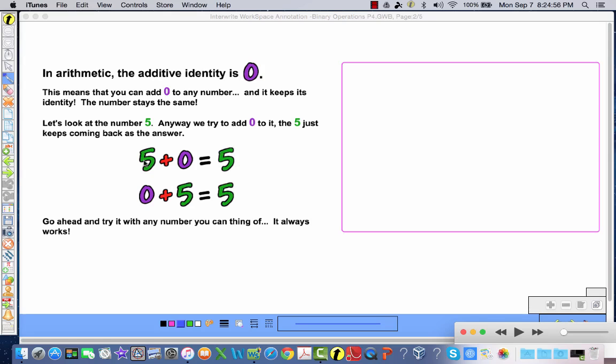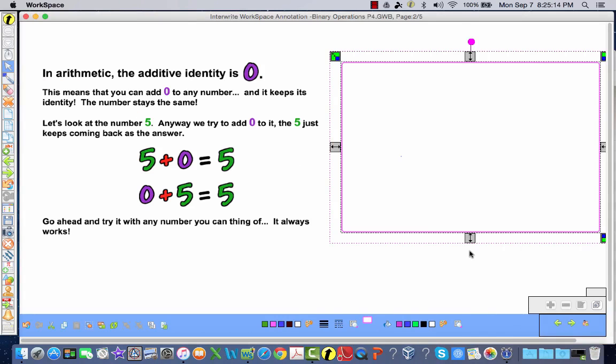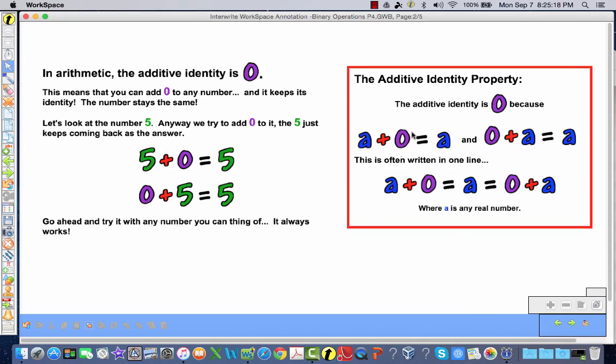Well, the number, after being added to 0, still keeps its same identity. That's why it is the identity property. The additive identity property says that a plus 0 equals a and 0 plus a equals a, where a is any real number. In other words, the number does not change its identity.